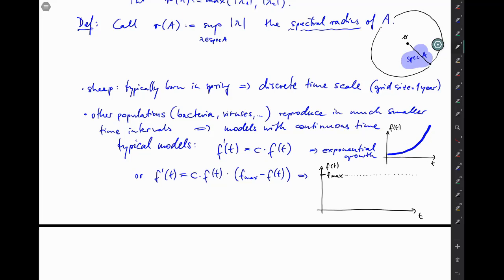And F max would be the number of people in the world, something like 7 or 8 billion or so. And then at first, when only a few people are infected, this factor is so huge that the whole behavior is governed by this part here. And this one remains roughly constant. So you start off with exponential growth, just like here.